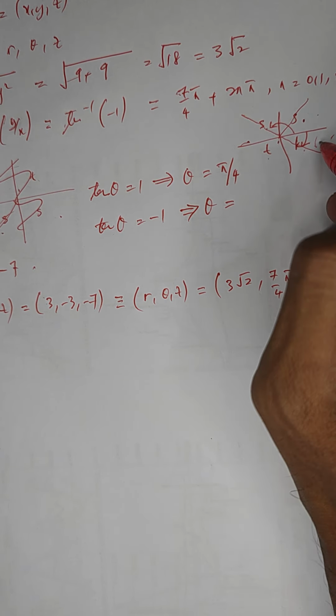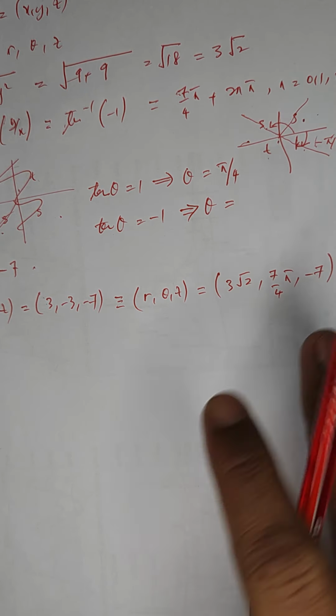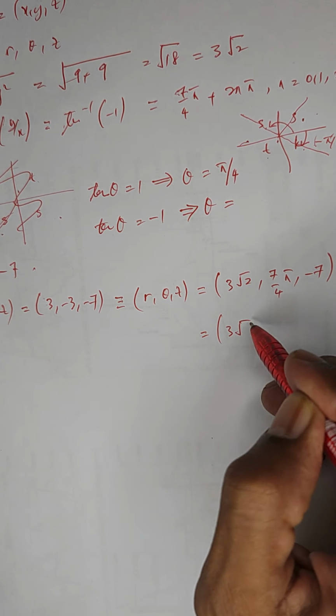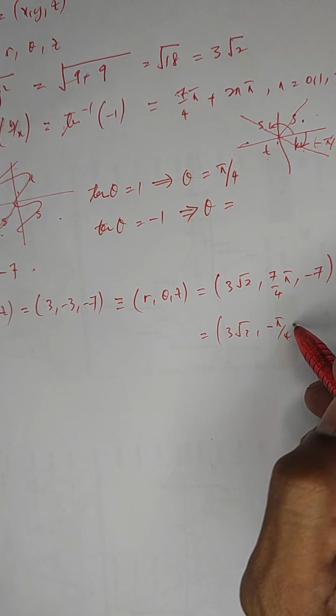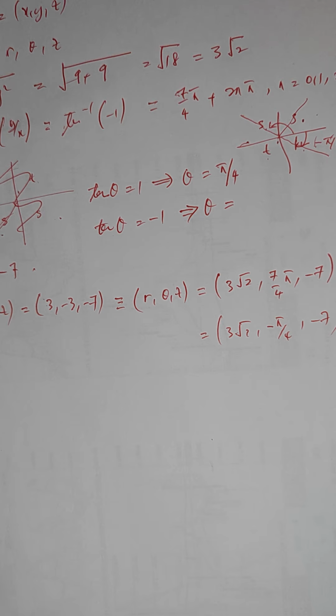So this angle is, of course, negative pi over 4. So you can also choose either this one or the other one: (3 square root 2, negative pi over 4, 7). So we have two points for cylindrical coordinates.